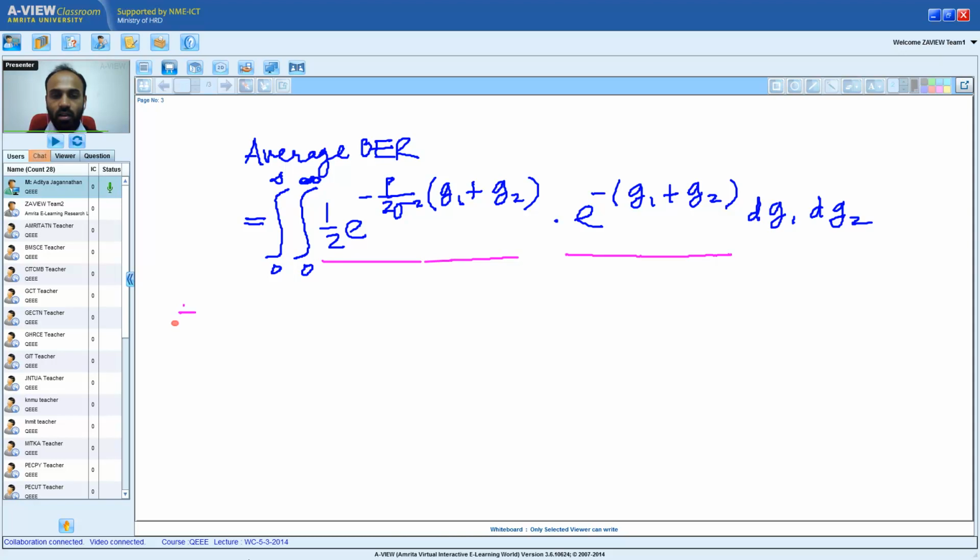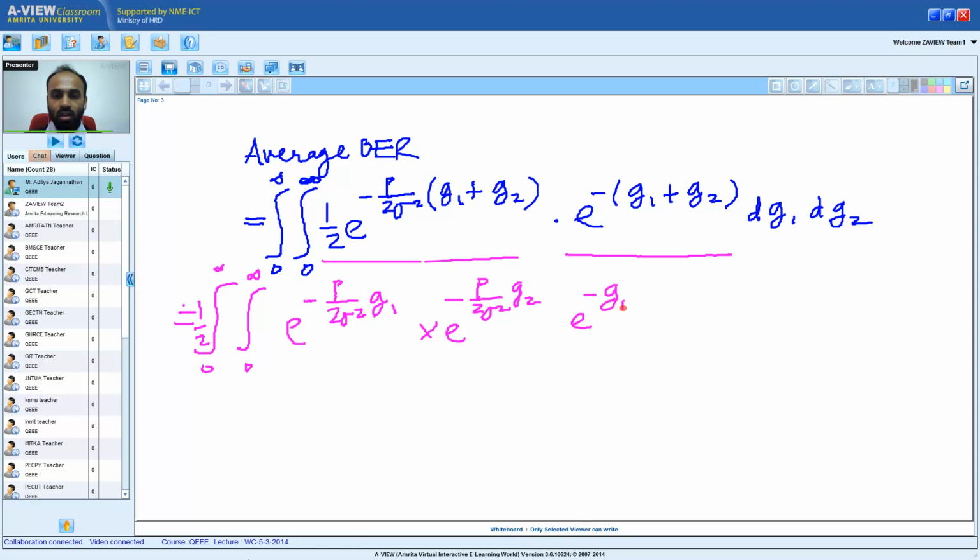This can also be written as the integral from 0 to infinity, integral from 0 to infinity, taking the factor of half outside, of e to the power of minus P by 2 sigma square G1 times e to the power of minus P by 2 sigma square G2 times e to the power of minus G1 times e to the power of minus G2, dG1 dG2.